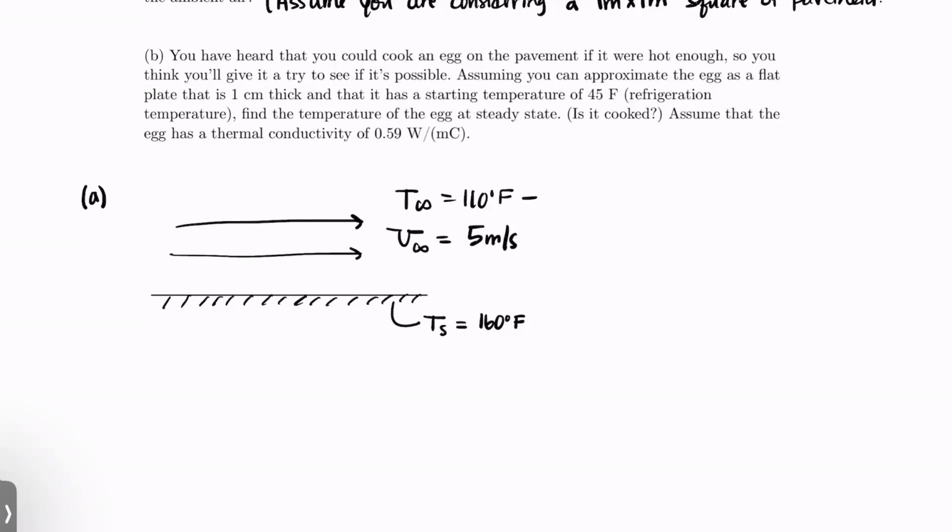And for reference, 110 degrees Fahrenheit is 344.26 Kelvin. And 160, sorry, that's wrong. I did this backwards. 110 is 316.48 Kelvin. And 160 is 344.26 Kelvin.